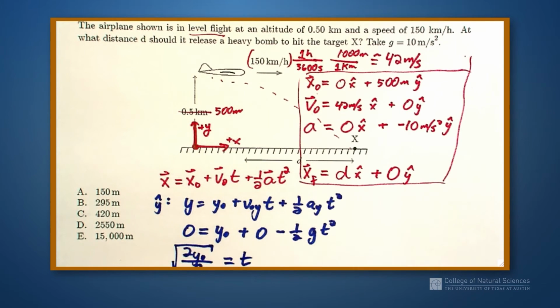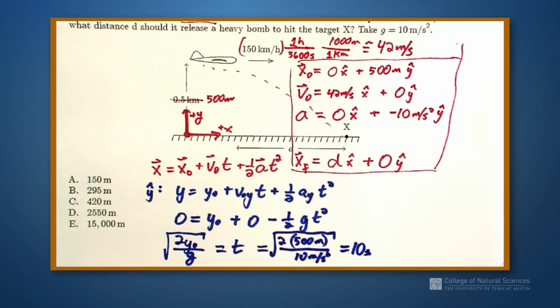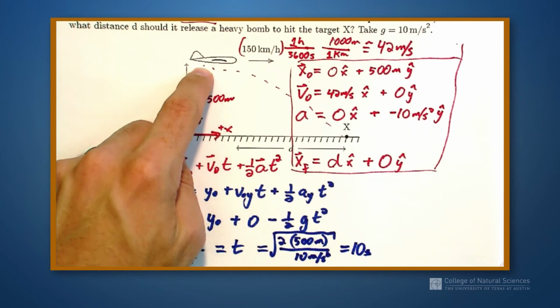I'm skipping a few steps, but you can do some basic algebra to get to this value, which, if we substitute things in, is the square root of 2 times 500 meters divided by 10 meters per second squared, which gives me a value of 10 seconds. That's how long it takes the bomb to go from the plane to the ground.